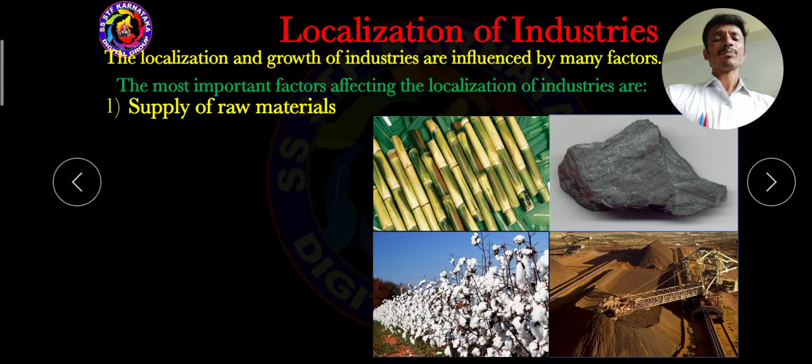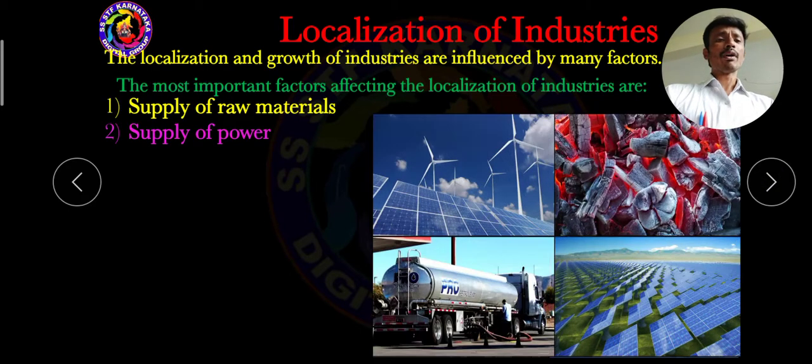Sugarcane is the raw material of the sugar industry, and cotton is the raw material of the paper industry. Then the supply of power.